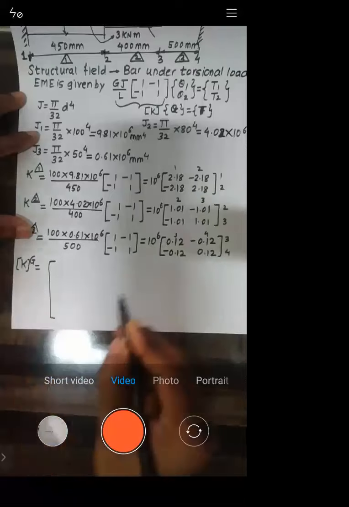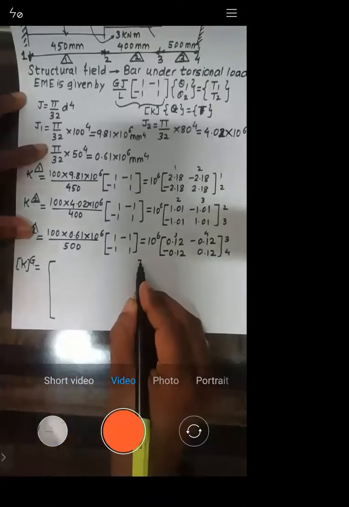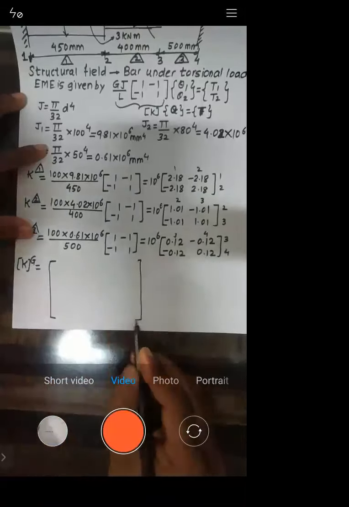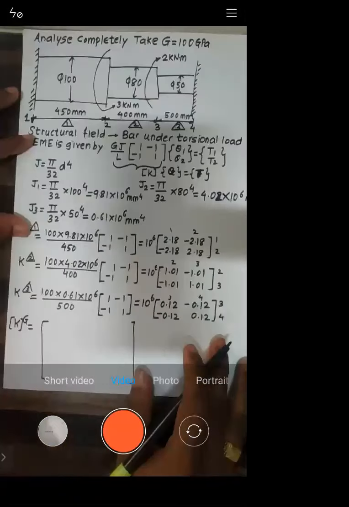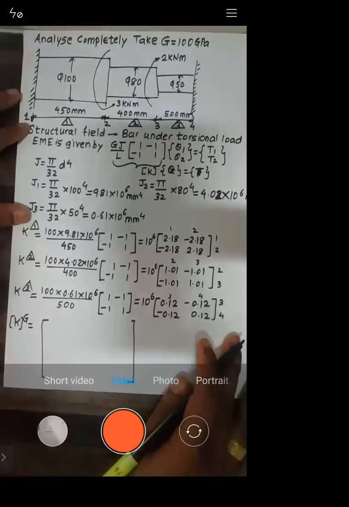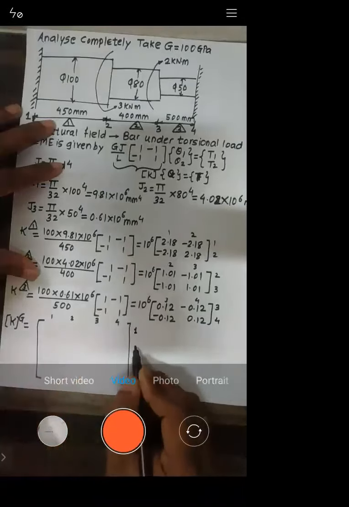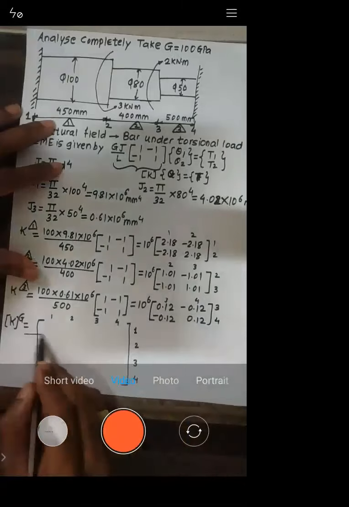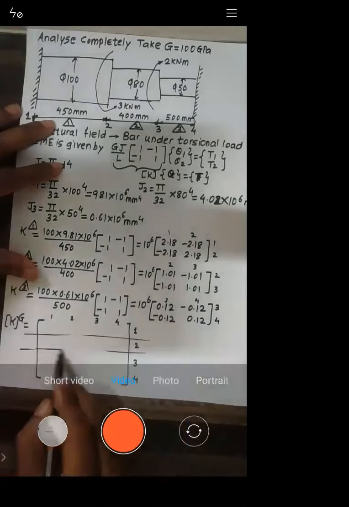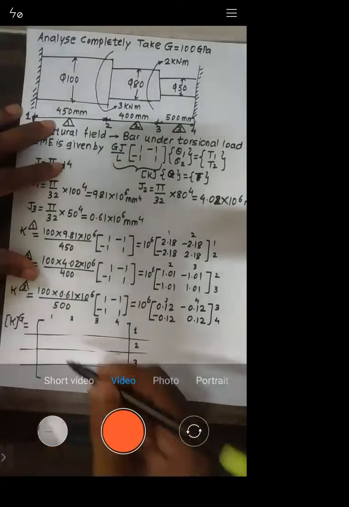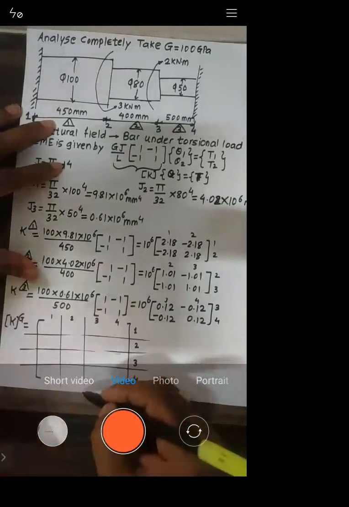Tell me what is the size of the global stiffness matrix? 4 by 4. It is 4 by 4 because there are 4 nodes, and each node can move only in one direction, right?